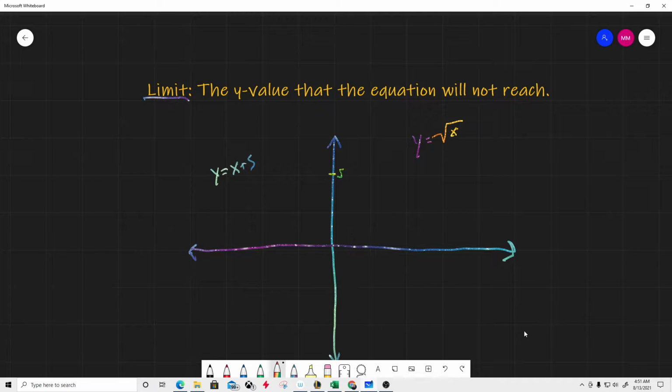And what do I mean by that? So if we look at y equals x plus 5, there's a couple ways we can do this, but why not draw it so you can see what it looks like? And then the question is, when you look at this graph, as x keeps getting bigger and bigger on the x-axis, what's going on with the y-axis?